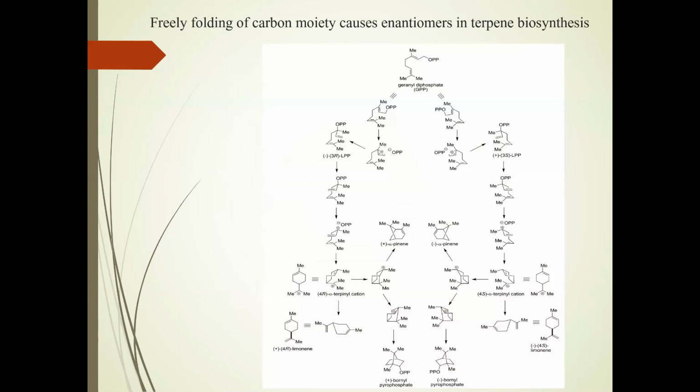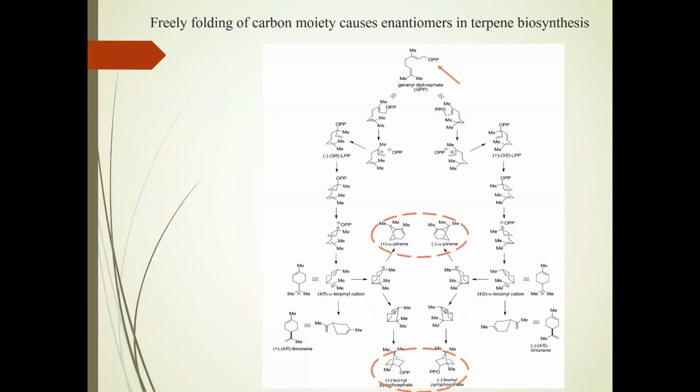In the biosynthesis of terpenes, especially monoterpenes, we know that everything starts from geranyl pyrophosphate. On the top, you see GPP. It has a pyrophosphate moiety, which can just move around. It can fold simply on the right side or the left side without any interaction with any enzyme.